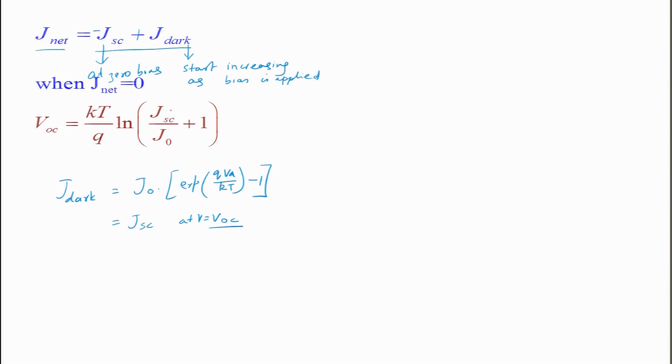If you are able to increase the short circuit current, your VOC will slightly go up. Of course, it varies as a logarithmic function, so the increase is not as much as you would see in case of current, but there is still an impact on the open circuit voltage.